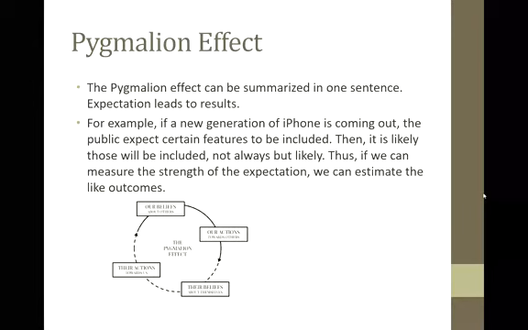I found these two theories useful. The Pygmalion effect comes from Greek mythology, of course, in which a sculptor falls in love with his own sculpture. The theory itself is basically saying that this is a self-fulfilling cycle of some sort.